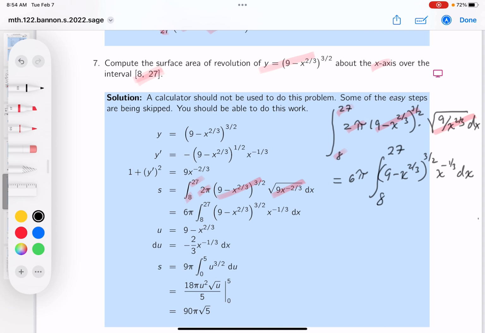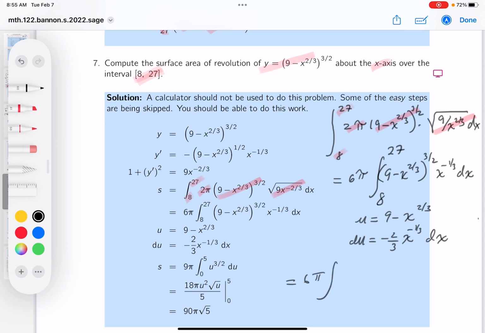Next thing I would do is probably use a u substitution, so I don't see much else to do. I'm going to say u equals 9 minus x^(2/3), du would be minus 2/3 x to the minus 1/3 dx, decreasing the exponent 2/3 by 1. I'm starting to see it now. Let's keep going. Equals 6 pi.